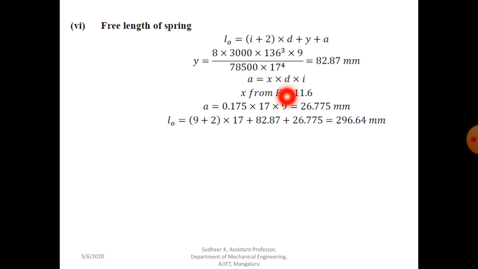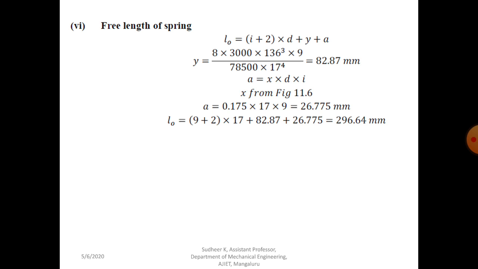Now a can be calculated, that is x d into I. This is the standard equation for clearance, which you will get from figure 11.6 from page number 174. A is nothing but total clearance between working coils.